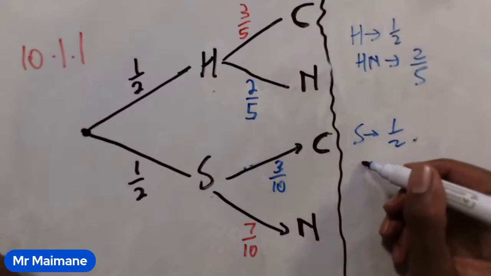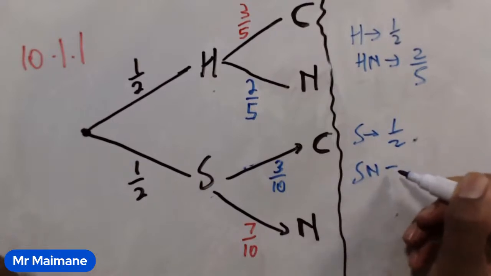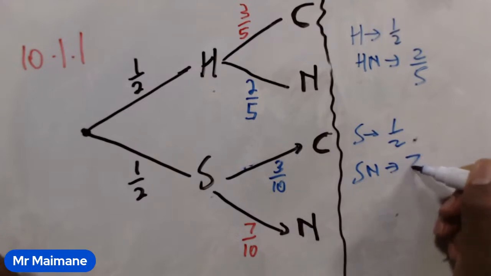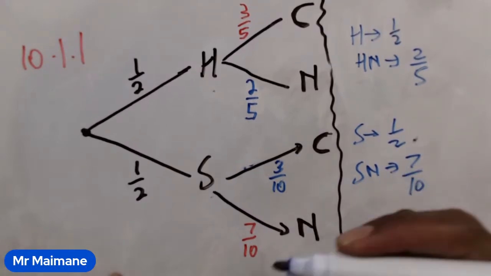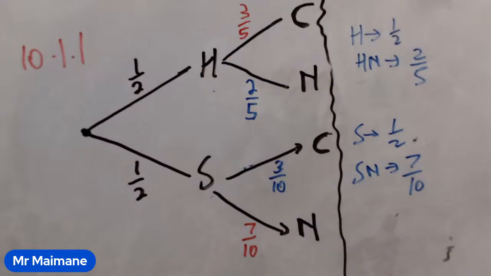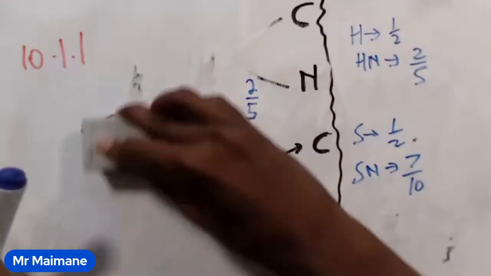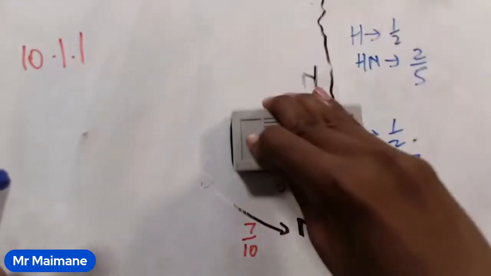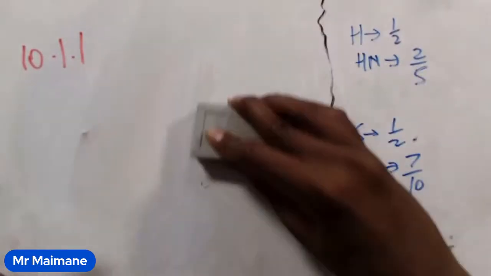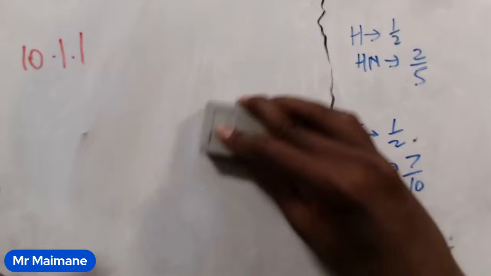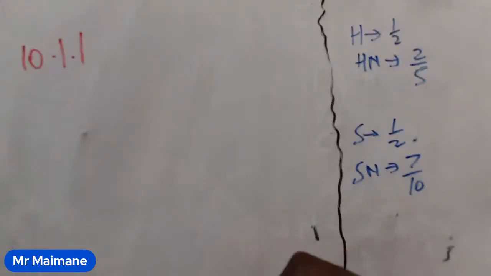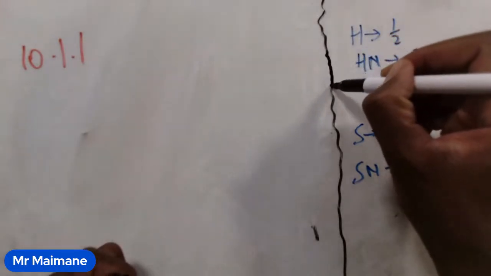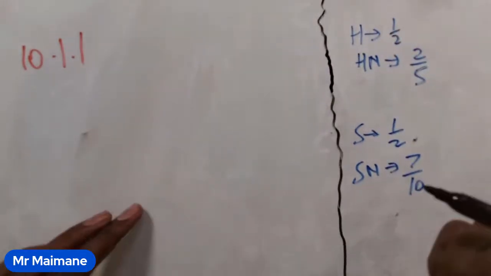And we also know that sugar and not cured is 7 over 10. Those are the chances we have. Now, let's put it into calculations. Now you've seen the tree diagram. The nice thing about technology is if you don't understand properly, you can just pause, because the video will be saved under the recorded videos.